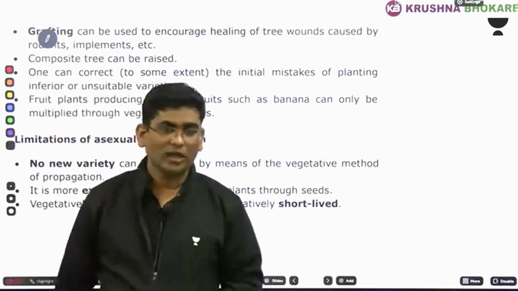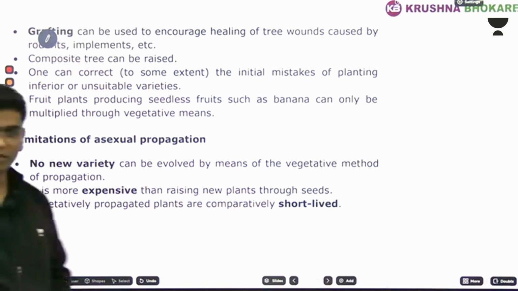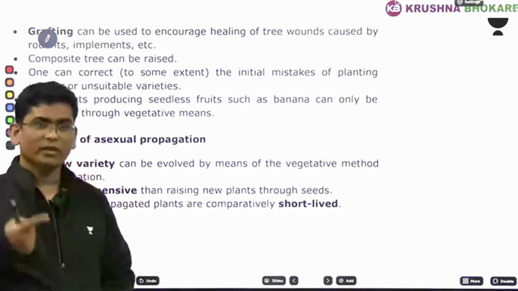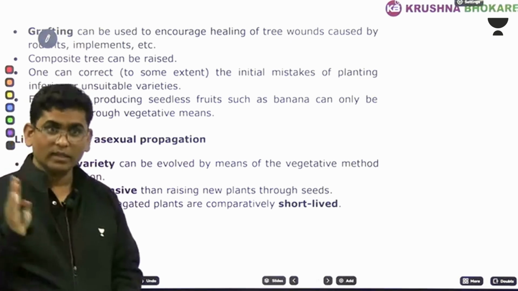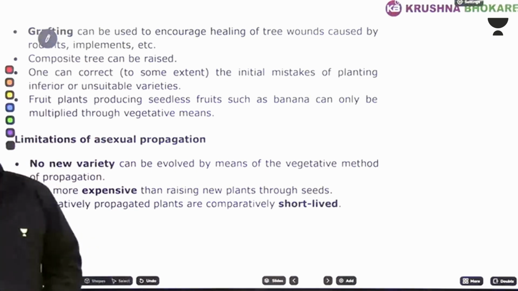So in such a condition, how to correct this mistake, tell me? It is very difficult to remove that plant because it was very cute 10 years back, but now it is not looking cute, it is giving very bitter mangoes. In such a condition, grafting is the method. You can implant grafts from good plant varieties and correct the mistake which was made 10 years before.